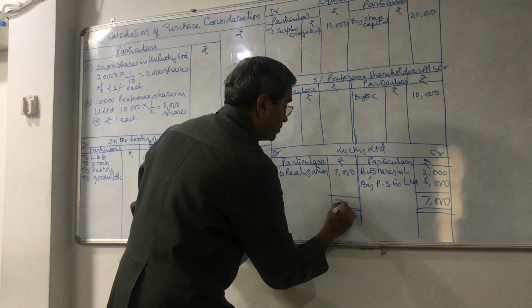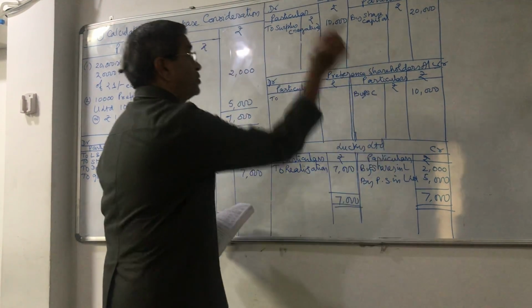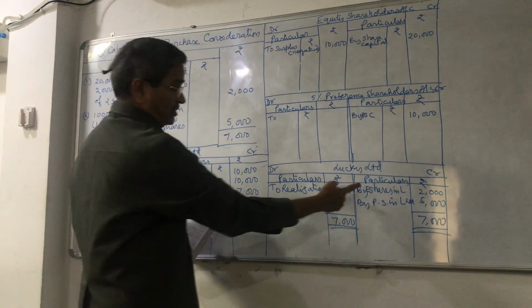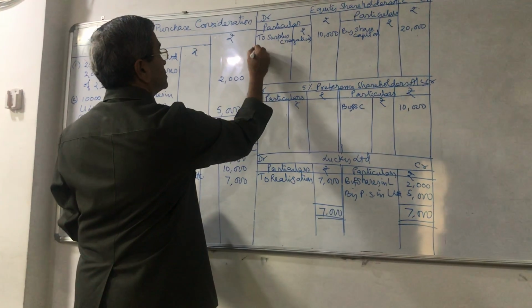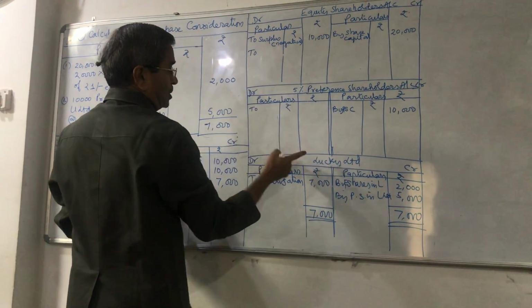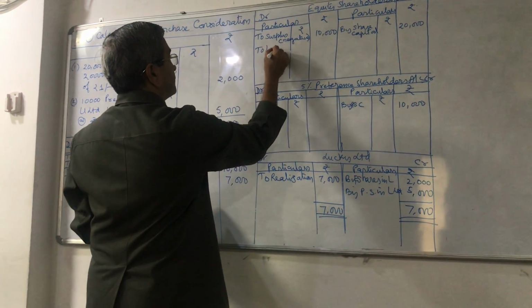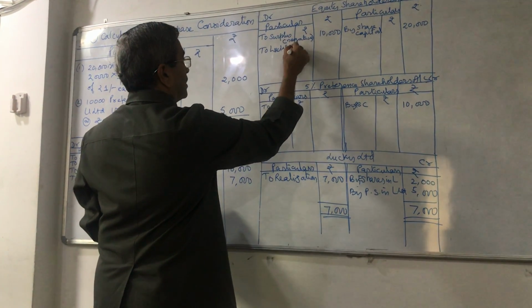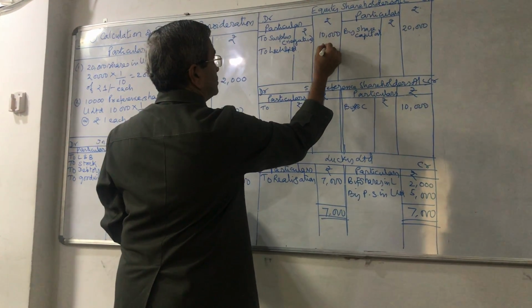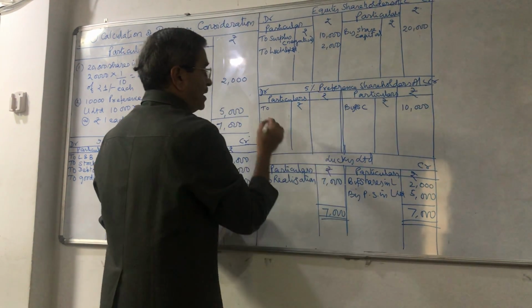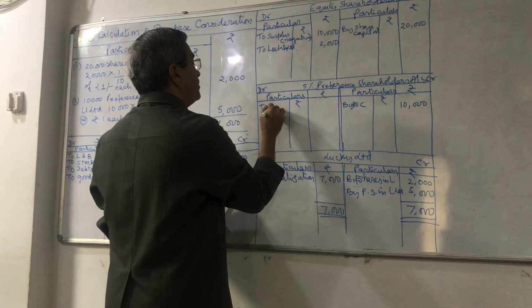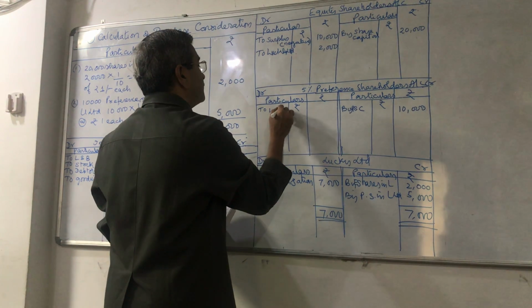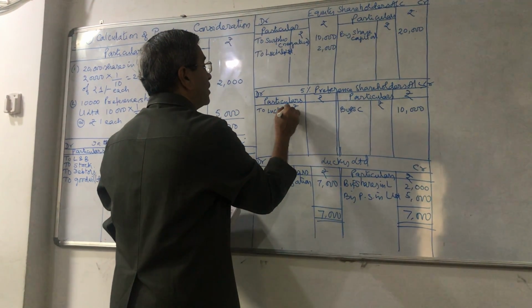The shares have to be transferred to shareholders. So equity shares will go to equity shareholders, to Lucky Limited, then this is 2,000, and to Lucky Limited here 5,000.